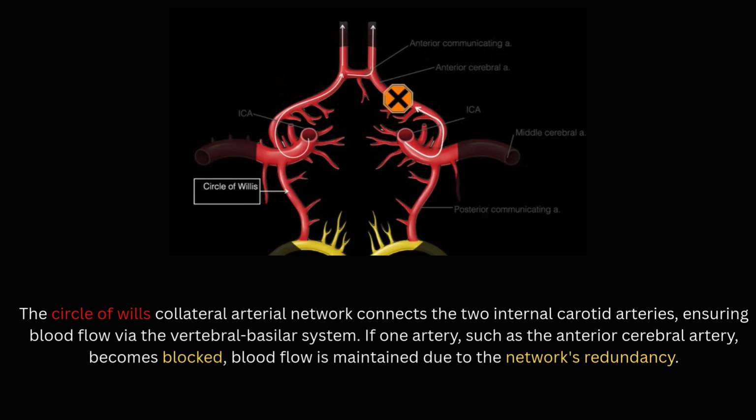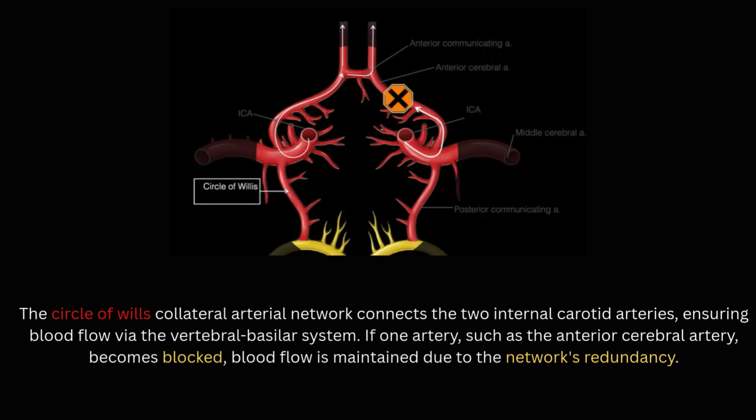Now, we're getting to the exciting part. The circle of Willis is a collateral arterial network that connects the two internal carotid arteries, ensuring blood flow via the vertebrobasilar system. Now, a fact I can give you is that if one artery gets blocked, for example the anterior cerebral artery, it provides redundancy, meaning if a part of the arteries cannot get blood, there's still going to be the other side of the brain where it's not clogged, and blood is still able to flow to the rest of the arteries itself.